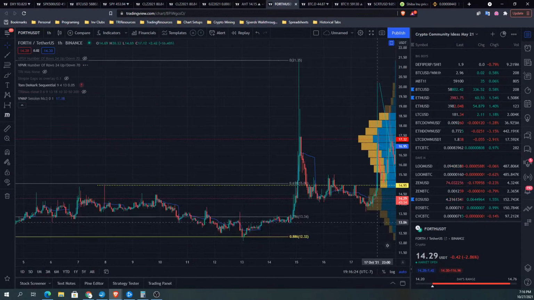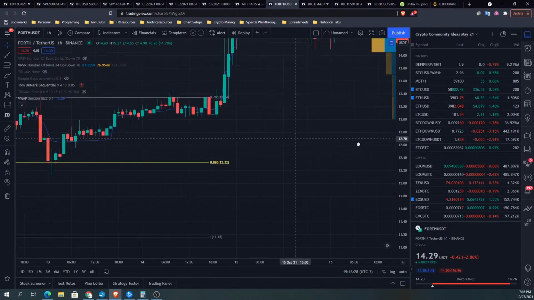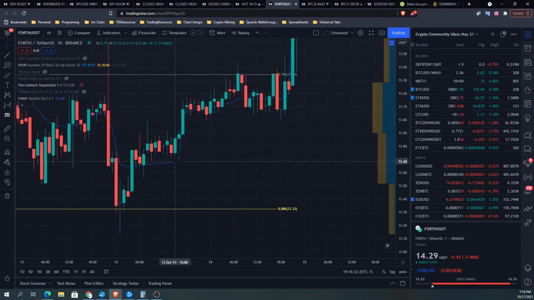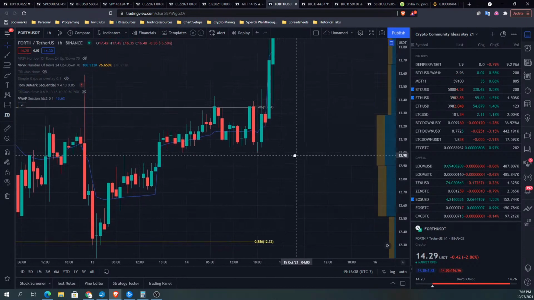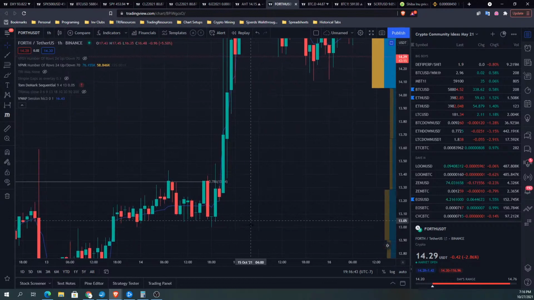A little bit of a gap. I guess that was filled in. Looks pretty clean. It's not bad. Oh, a little bit of a gap right there.